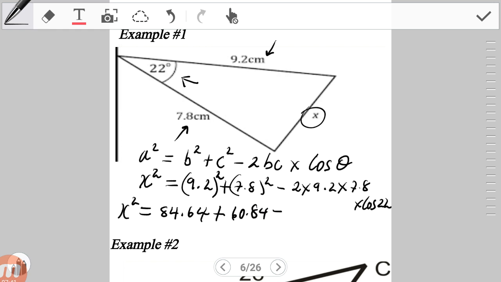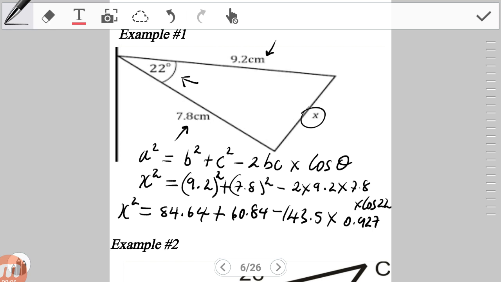Subtract. I will then go ahead and find the product of 2 times 9.2 times 7.8, and I got 143.52. And I'll then multiply by the cosine of 22. That's 0.927.